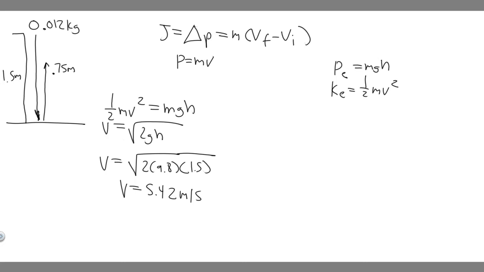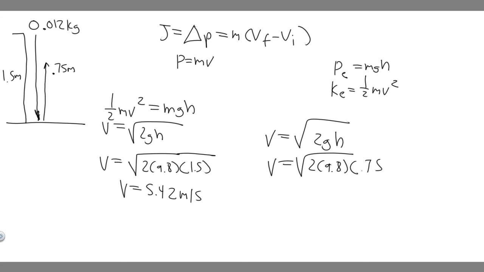This is the initial velocity, by the way. Now we need to find the final velocity. We're going to use the same idea, except it's rising up 0.75 meters instead of falling. So we solve this again, but the height is going to be 0.75. The only thing changing is the height. So v equals the square root of 2 times 9.8 times 0.75.